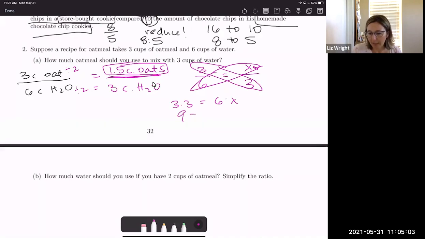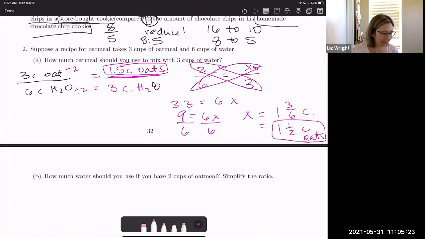So then you get 9 equals 6x, then you divide both sides by 6. And if you want, you can reduce them, or you can say x equals 1 3/6 cups, which is going to give me 1 1/2 cups of oats. So you can do it that way too. I just want to give you both methods there.